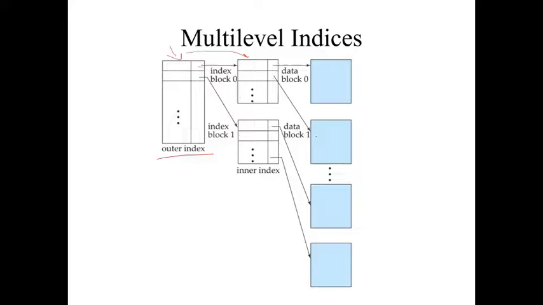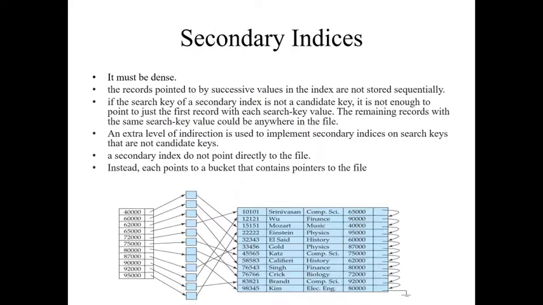This happens when your database size gets bigger, so we have to deal with the index files also. In this case, the outer indexing will always be dense in nature, and the inner indexing level can be dense or sparse. So this is about multi-level indexing.